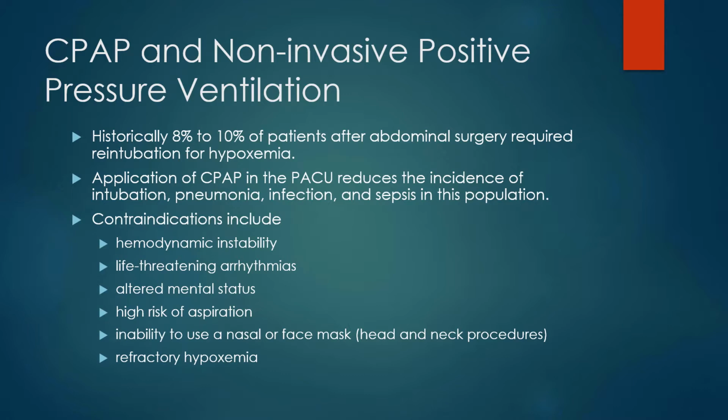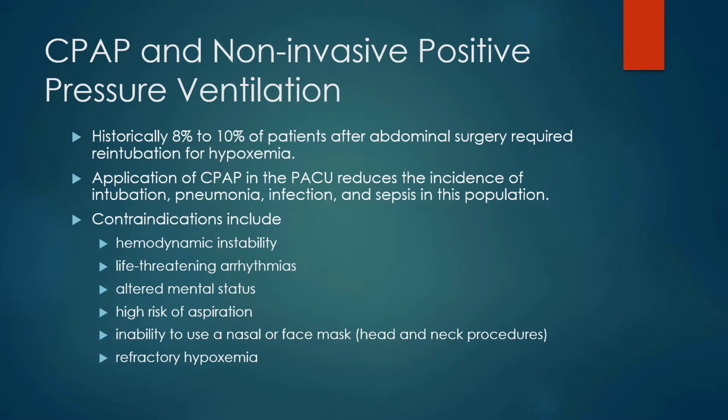In the past, about 8 to 10% of patients would fail extubation after any abdominal surgery because of hypoxemia. Since the use of CPAP in the PACU, these numbers have gone down quite a bit, and it has also reduced the incidence of pneumonia, infection, and sepsis.